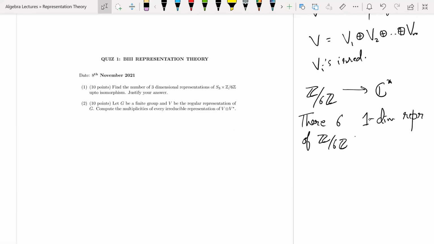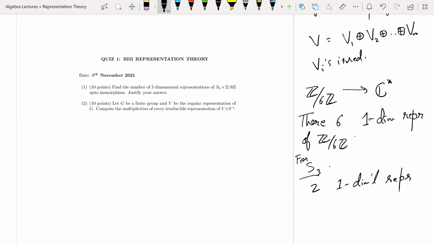And for S3, how many irreducible representations are there? We saw this in class. For S3, there are 2 one-dimensional representations. One is the trivial one, and the other one is the sign one, the permutation sigma going to sign of sigma.